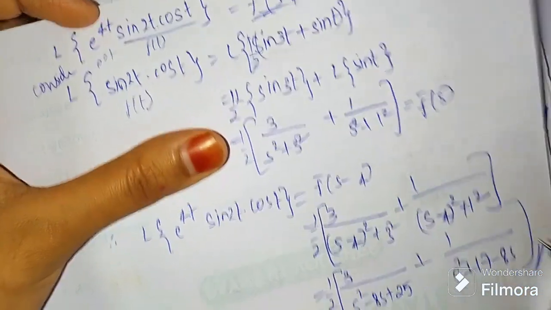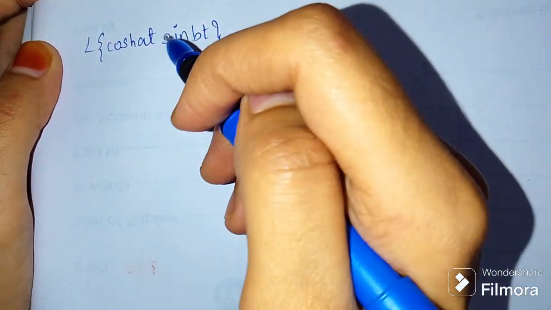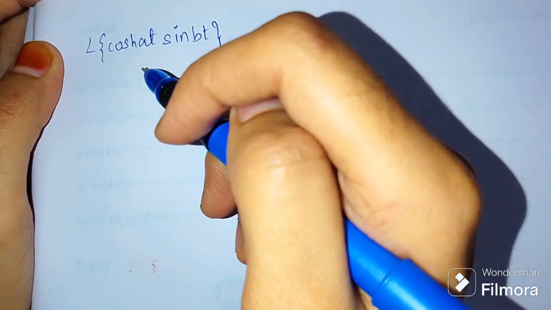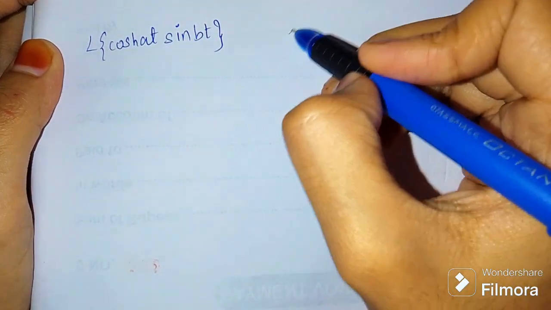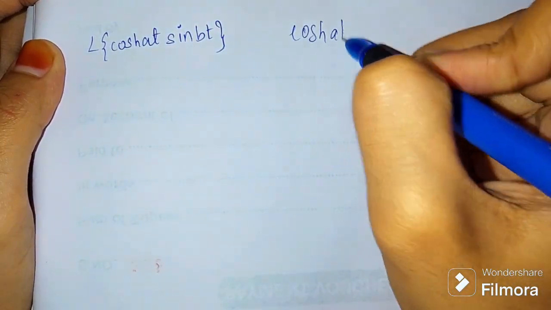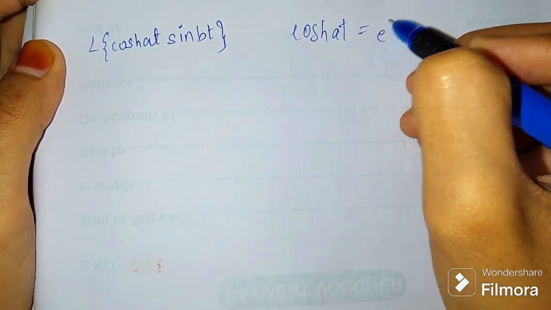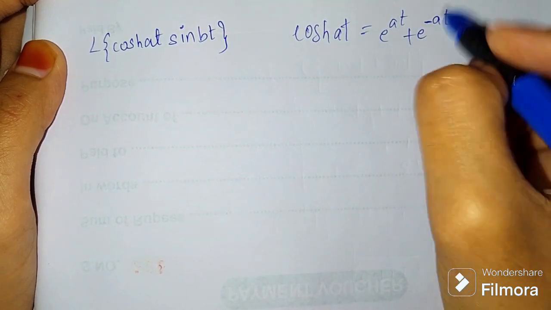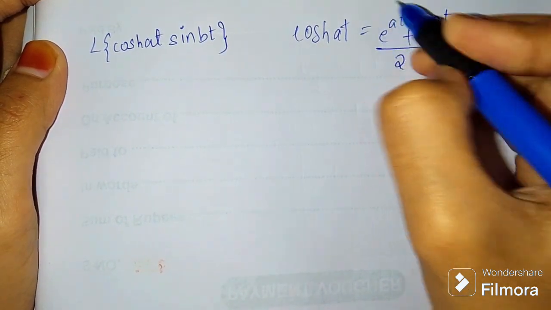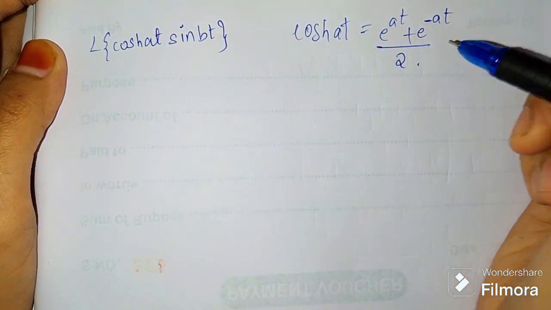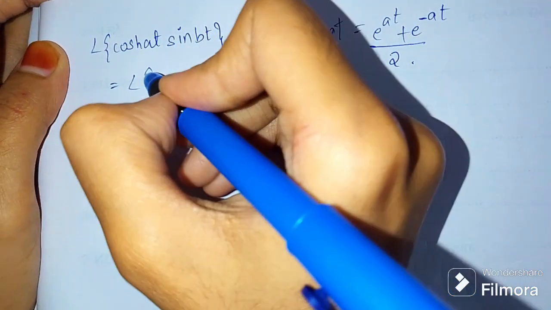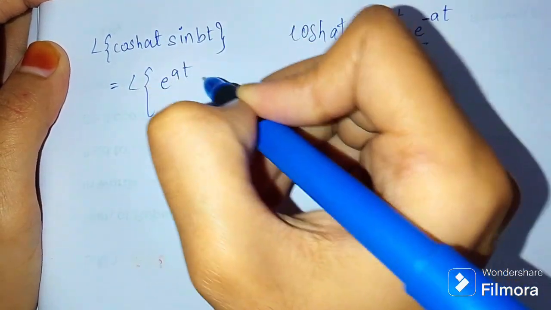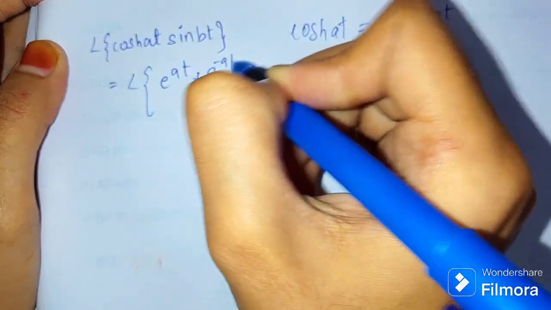So this is another interesting question. See, did we have an exponential term here? No. But if you see the cos hat formula, it is e power at plus e power minus at by 2. So we have exponent terms, into sin bt.